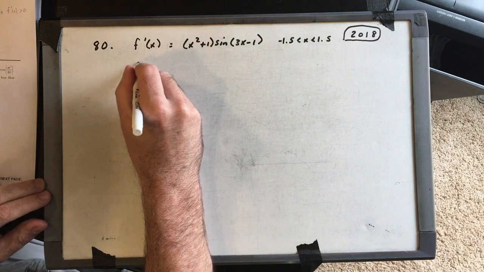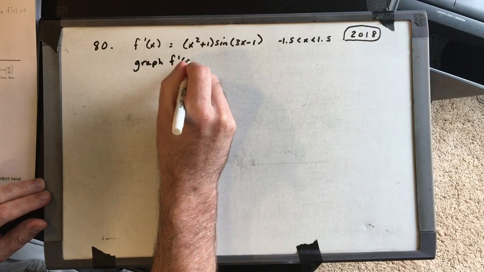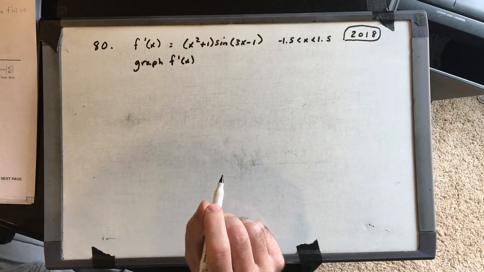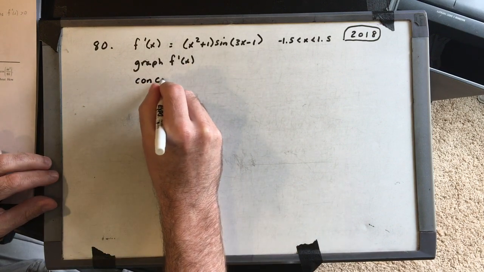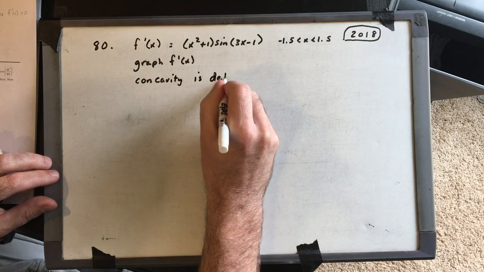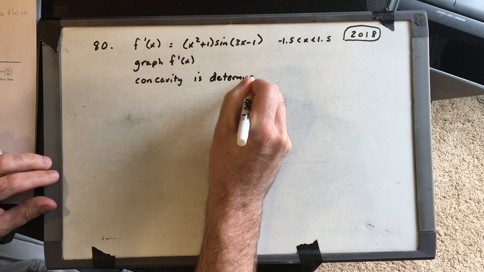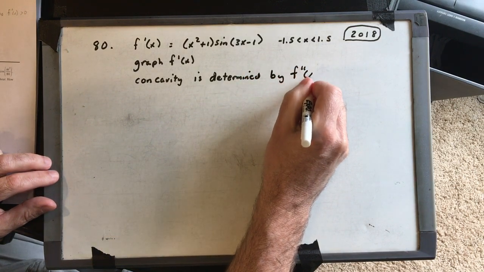Well, this is what you need to do. Graph f prime of x. Graph the derivative. Concavity is determined by f double prime.